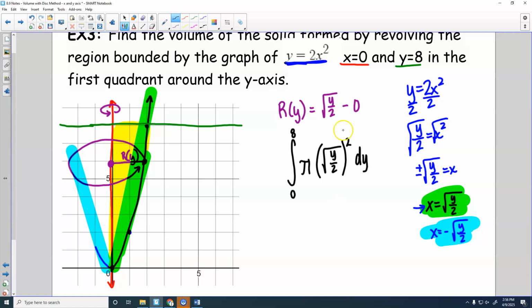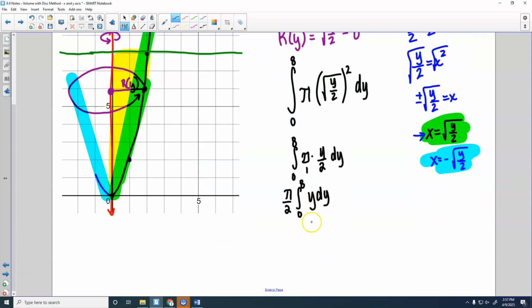And this one's not terrible to do. It's nice whenever your square root and your square cancel each other out. So you've got the integral from 0 to 8 of pi times y over 2 dy. I would just take the pi over 2 out front and not worry about it. Then you're going to integrate y, so you'll have a 1/2 out front.